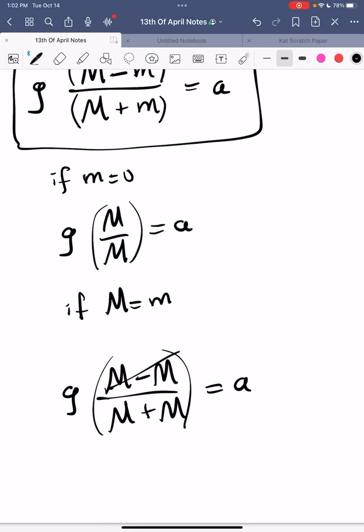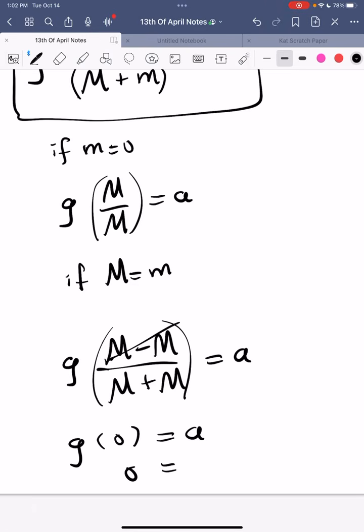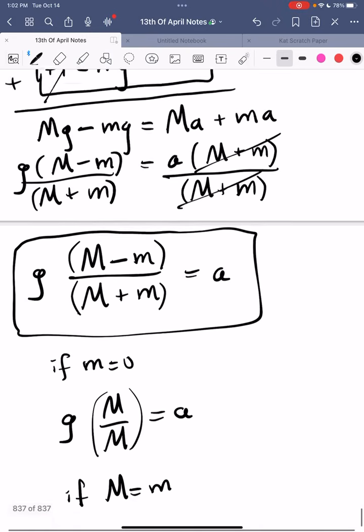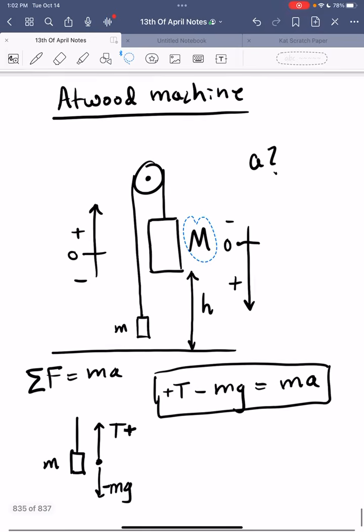Well, this is just going to go to 0. So it's going to be g times 0 equals A, and that means that A will equal 0. So there will be no acceleration at all. And that also makes sense, right? If this little m is the same size as this big M, then they're just going to hang there. Nothing will happen at all.